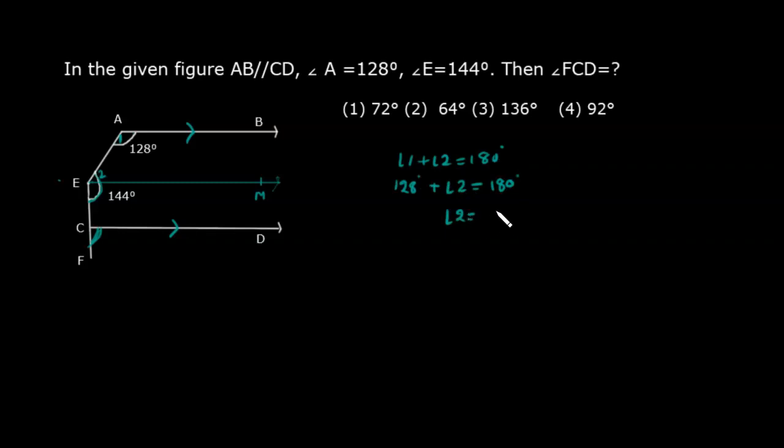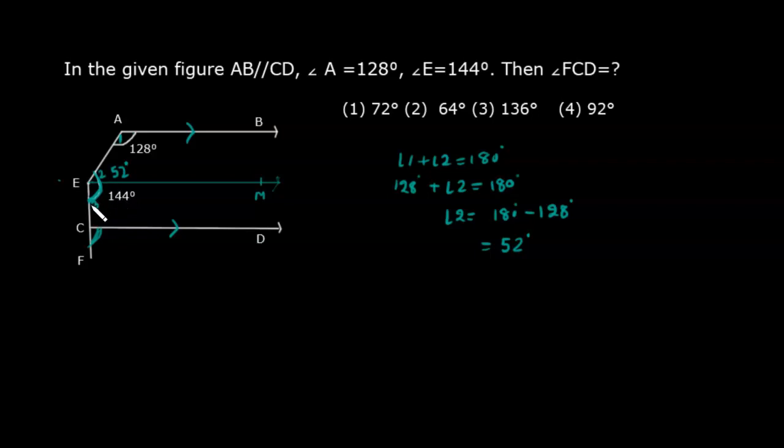So angle 2 is 180 minus 128 degrees, so angle 2 is 52 degrees. This is 52 degrees, but this complete angle is 144 degrees, given to us. So if we call this angle 3, then the sum of angle 2 and angle 3 is 144 degrees.